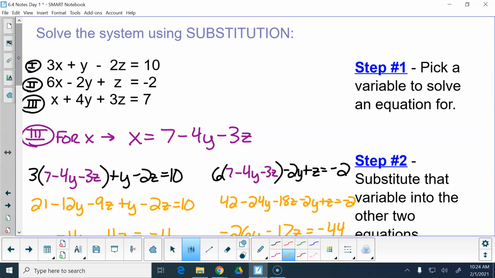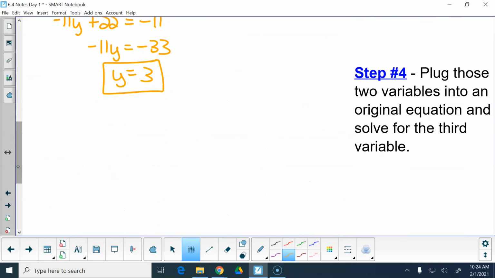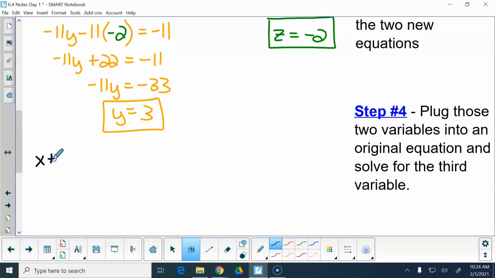So let me jump back up here. I got to rewrite this one. X plus 4y plus 3z equals 7. And I can scroll on back down. So we got x plus 4 times y. Y is 3. Plus 3 times z.